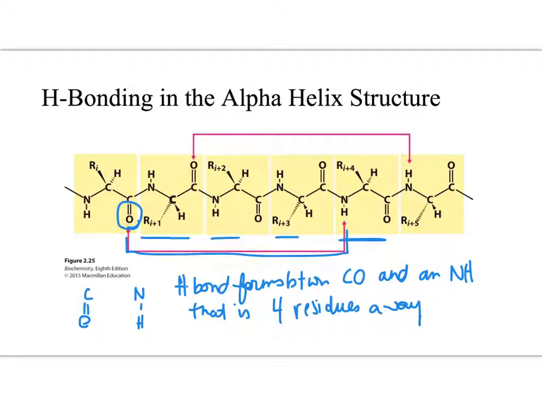So for example, the rise was 1.5 angstroms and we said there were 3.6 residues, so the pitch equals rise times residues, which gives us a value of 5.4.